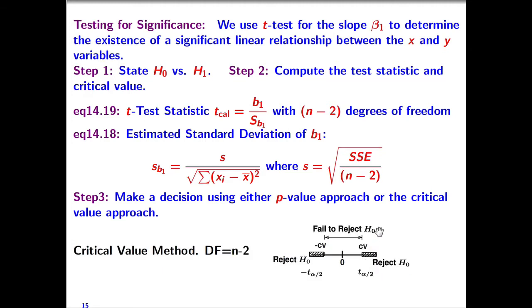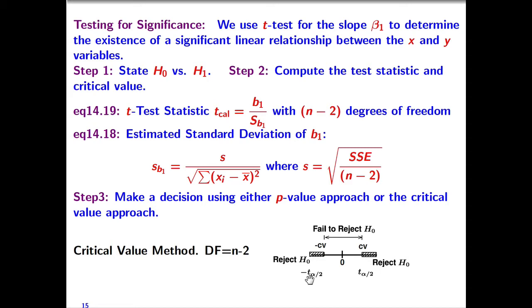Now, for the critical value method, keep in mind we have a two-tailed test, so the critical value will be t of alpha over 2, and the degrees of freedom is n minus 2. After using the t-table to find the critical value, we draw a normal curve, put the 0 in the middle, and the critical value is either t of alpha over 2 or negative t of alpha over 2.